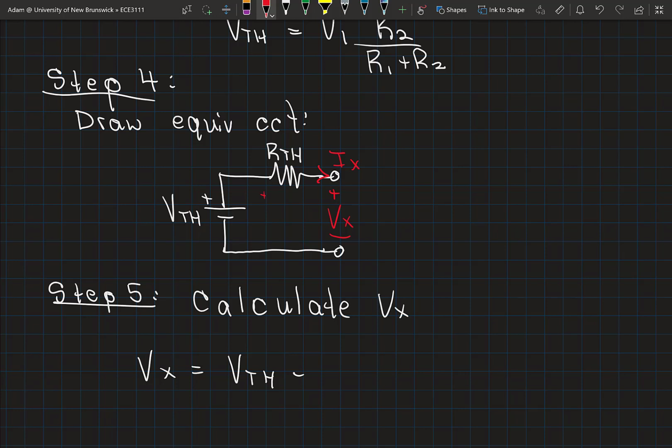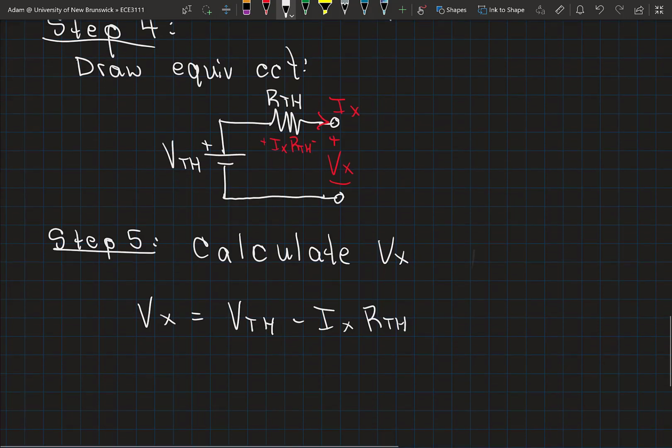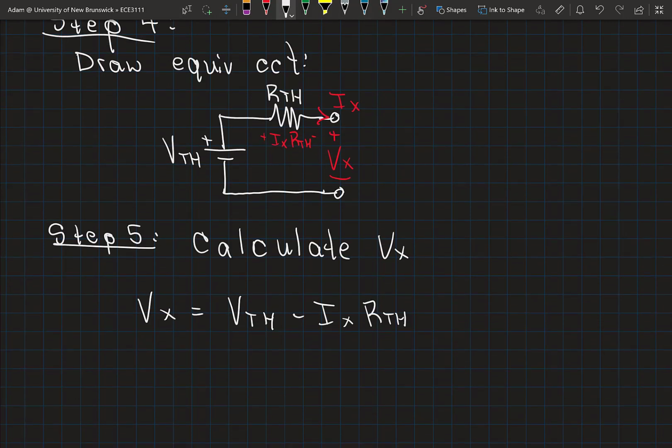This drop across R Thevenin, which is going to be Ix times R Thevenin. Okay, so minus that Ix R Thevenin drop, and that allows us to calculate Vx.